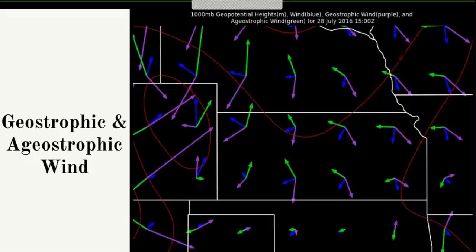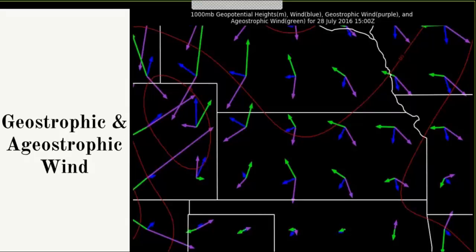With the isobaric wind function in particular. The red contours, red isolines of pressure? 1,000 millibar geopotential height. So yes, pressure corresponds. And the purple is the geostrophic? Yes. Why is it perpendicular to pressure?